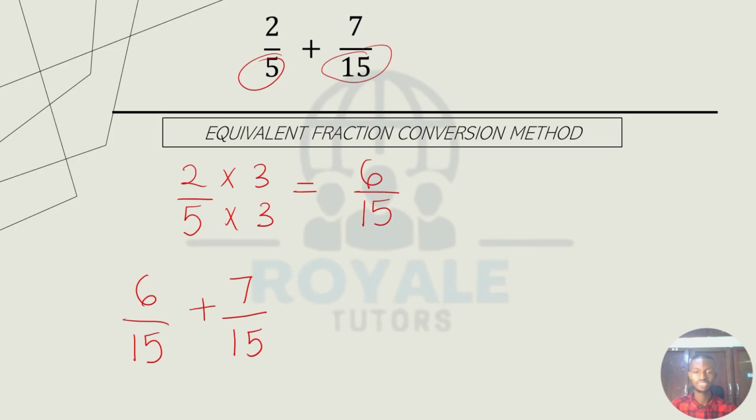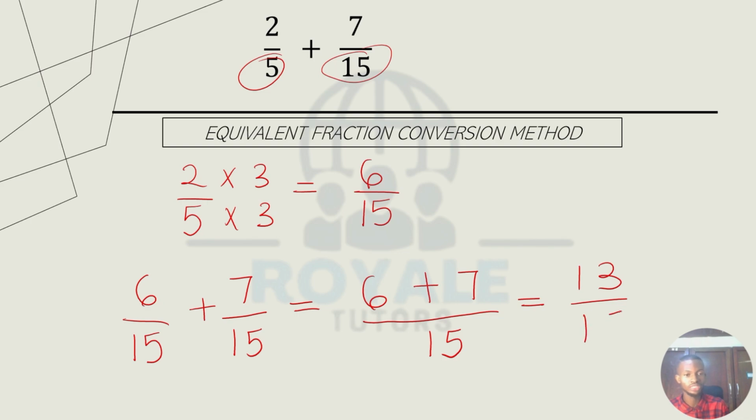We ensure that we deal with the numerator only. That is, here we have 6 plus 7 over 15. So 6 plus 7 is 13. So we have 13 over 15.